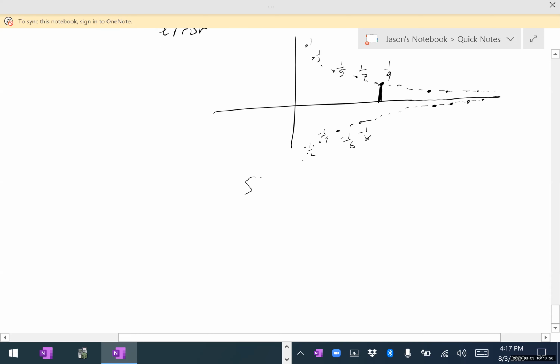We know that the series, the sum of negative 1 to the n plus 1 of 1 over n, n equals 1 to infinity, is equal to 1 over 1, so that's 1, minus 1/2 plus 1/3 minus 1/4 plus 1/5 minus 1/6 plus 1/7 minus 1/8 plus 1/9. And it goes on forever, right?